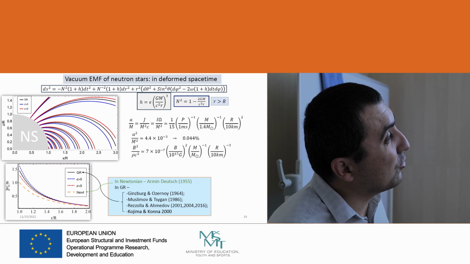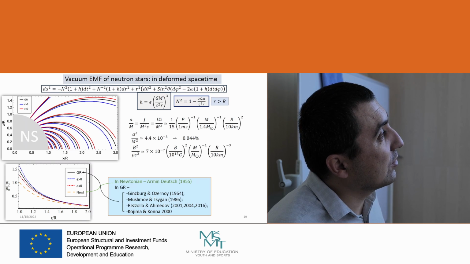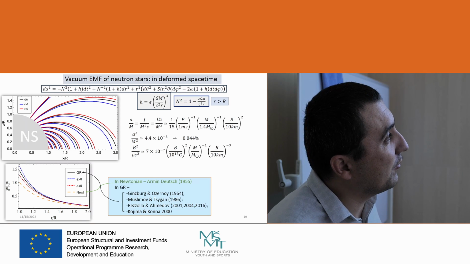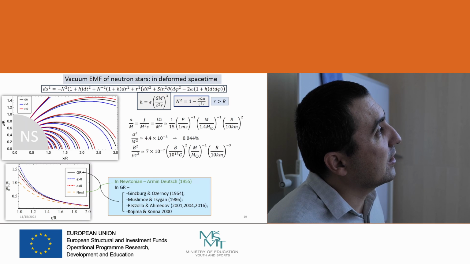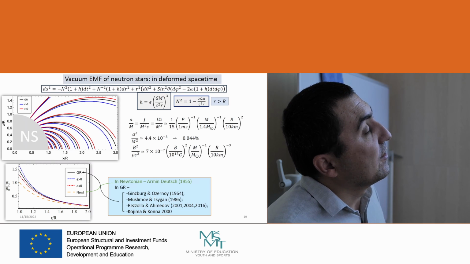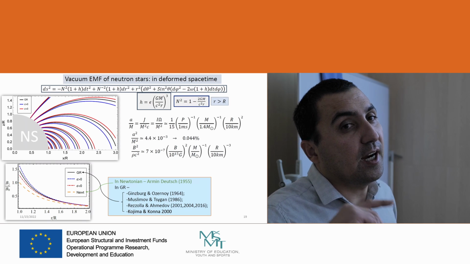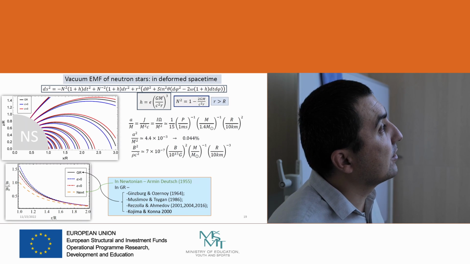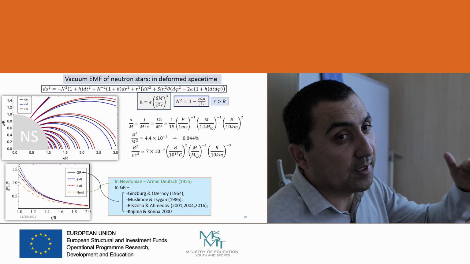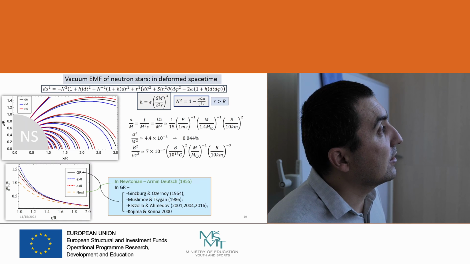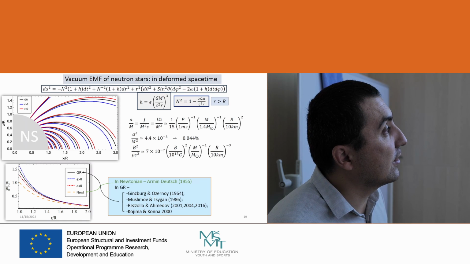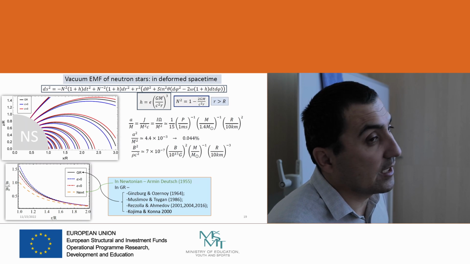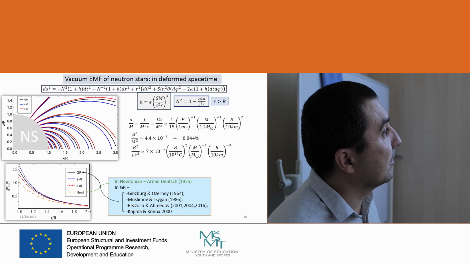It is the contribution of the spin into the gravitational field. We assume the high magnetic field does not change the space-time around the star, because its effects are about 10 to minus 7 times less, even for magnetars, highly magnetized objects.